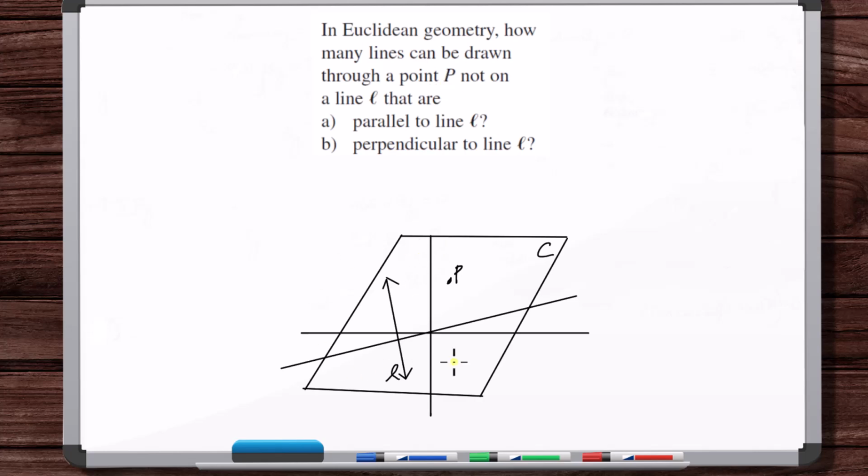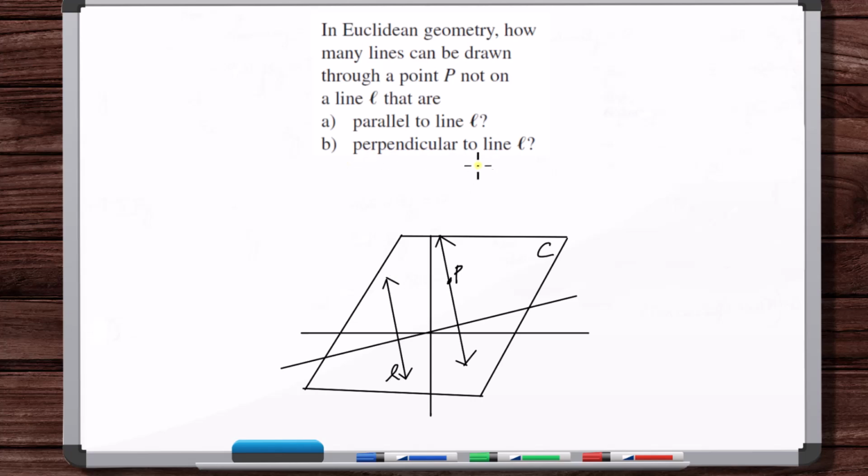And now that defines a unique plane, and I'm just saying that's plane C. So it's completely general, right? So how many lines can be drawn through point P that are parallel to line L? Well, it's going to be one and only one. That was the parallel postulate, the part of the title of this section, okay?